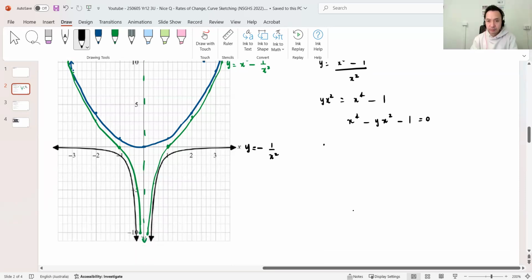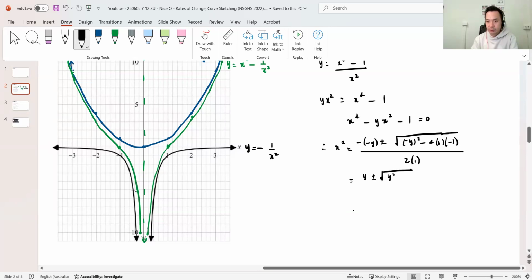So therefore, x squared equals minus b plus or minus the square root of b squared minus 4ac, all over 2a. That's y plus or minus the square root of y squared plus 4, over 2.